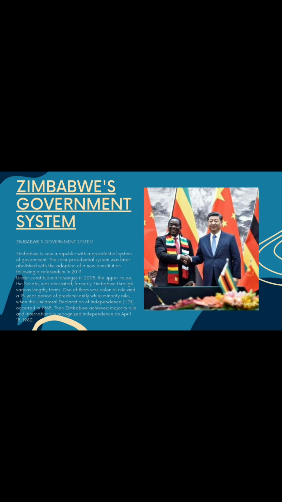One of them was colonial rule and a 15-year period of predominantly white minority rule, when the Unilateral Declaration of Independence occurred in 1965. Then Zimbabwe achieved majority rule and internationally recognized independence on April 18, 1980.